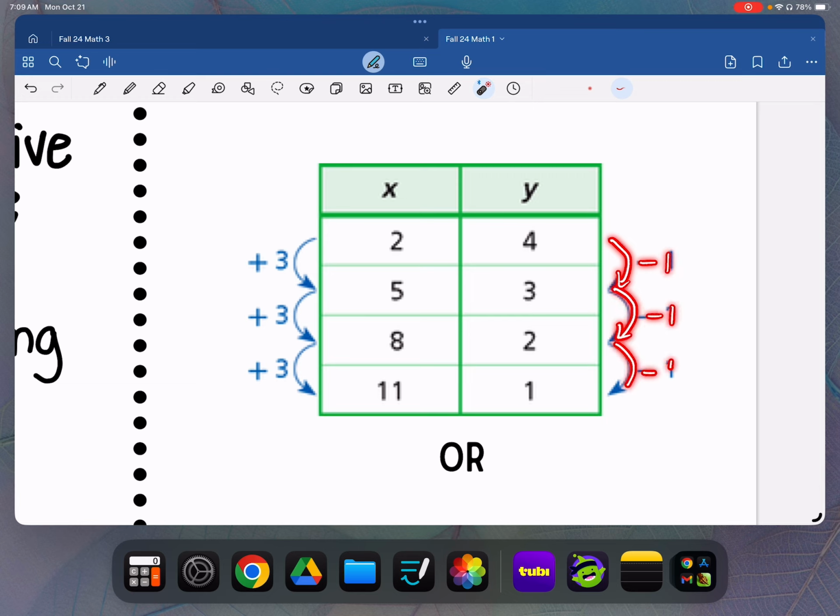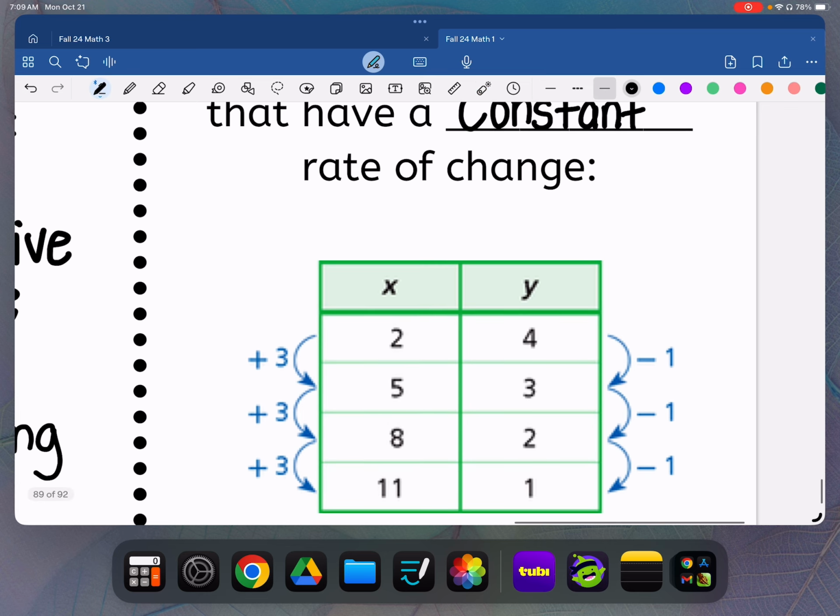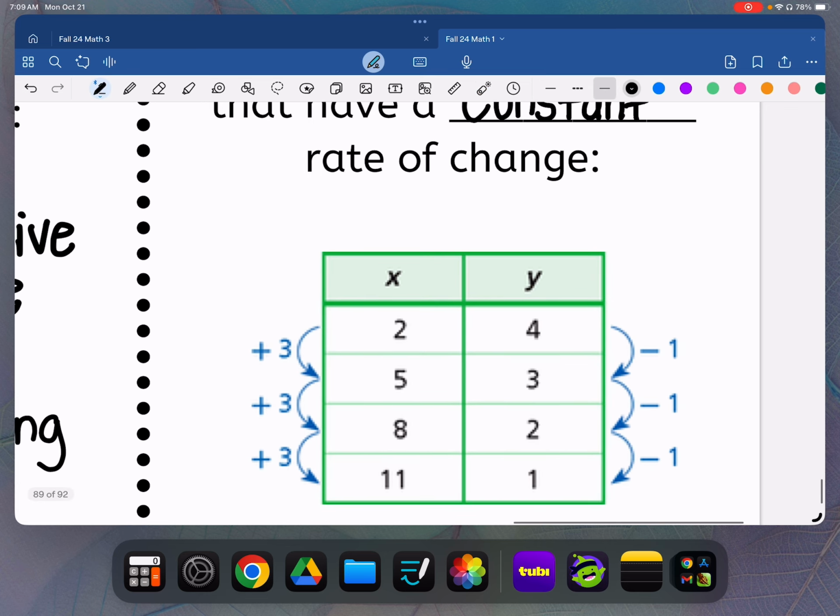Same thing here, -1. The x values are going up by +3 every single time, so it is constant. So my slope for this table is the change in y over the change in x.